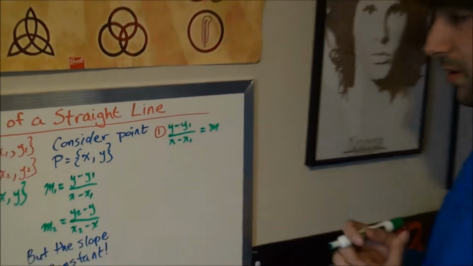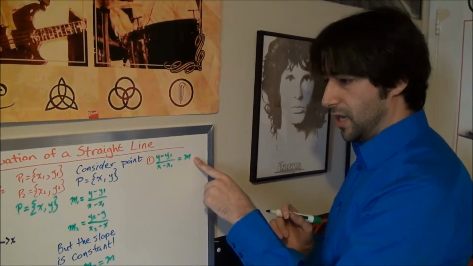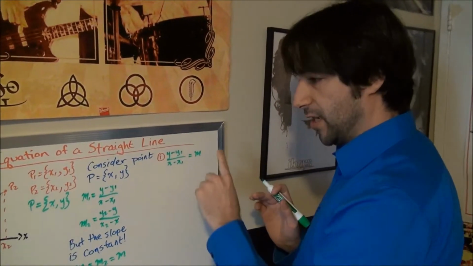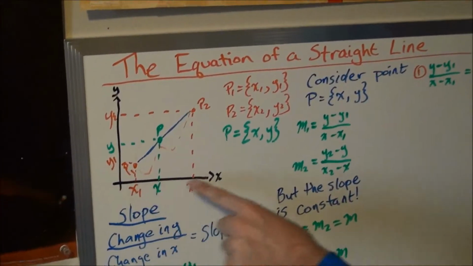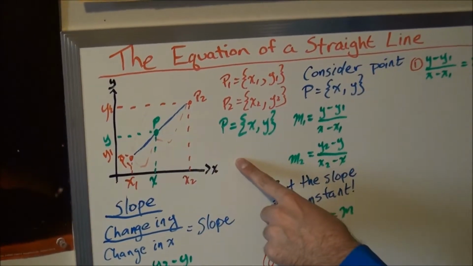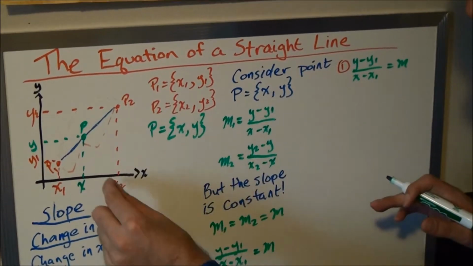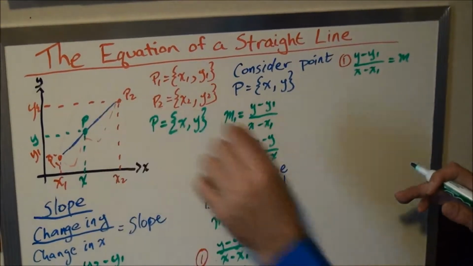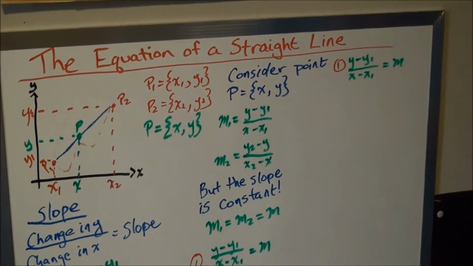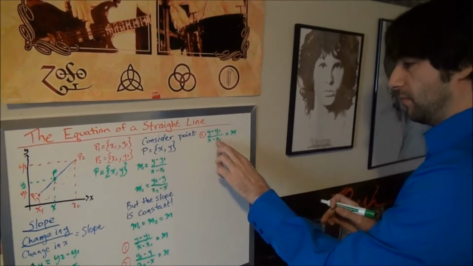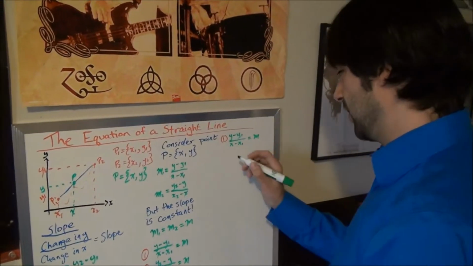Now, I want to express y as a function of x, which means that if my equation is true, for any value of x along this line I choose, I can plug it into an equation and it will tell me what the value of y at that point is, or how high I need to be in order to be along this line. In order to isolate y here, I'm going to start by multiplying both sides of this equation by our denominator here, x minus x1.